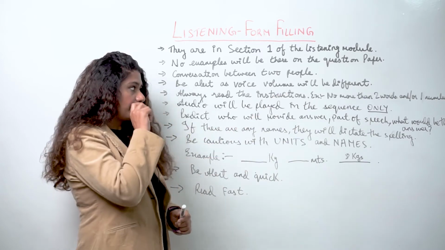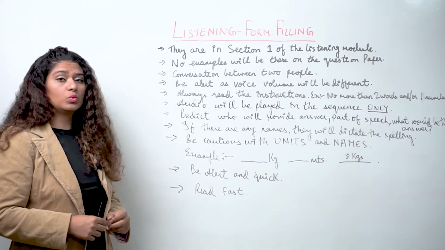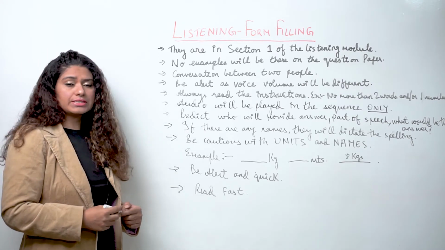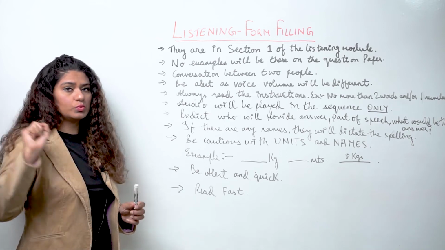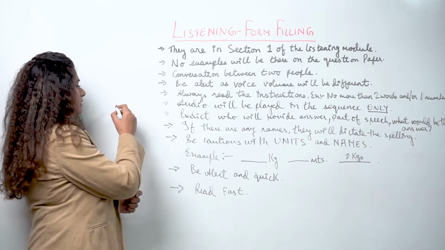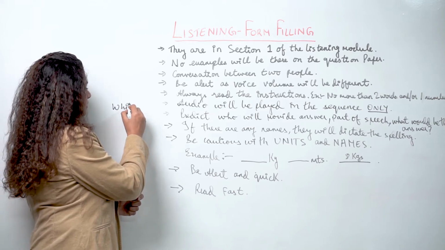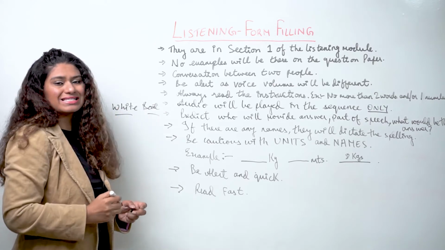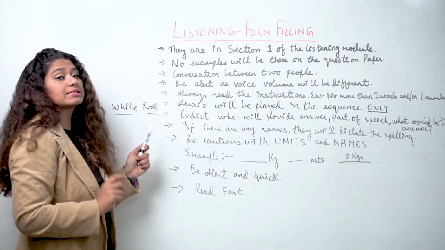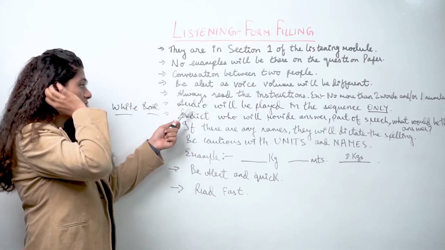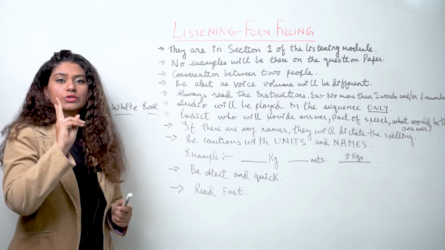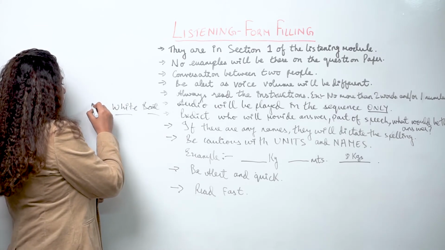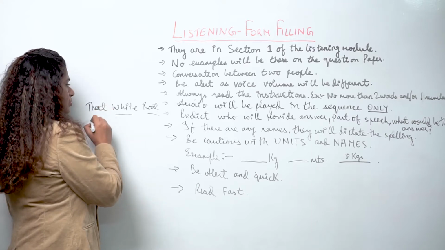Now I'll give you an example of what we mean by 2 words and or one number. For example, your instruction says use no more than 2 words and your answer is white boat. If you have written this as an answer to the question, it is correct because the instruction is saying no more than 2 words. Now, for example, you wrote here big white boat.